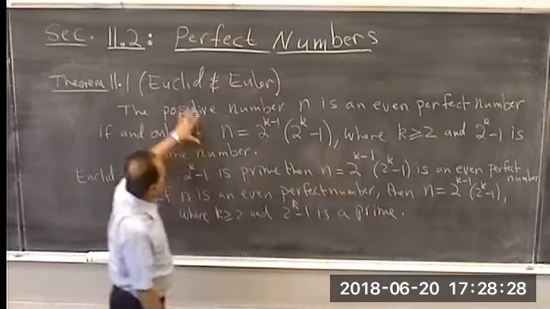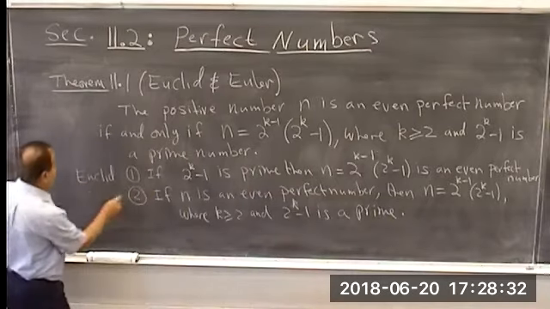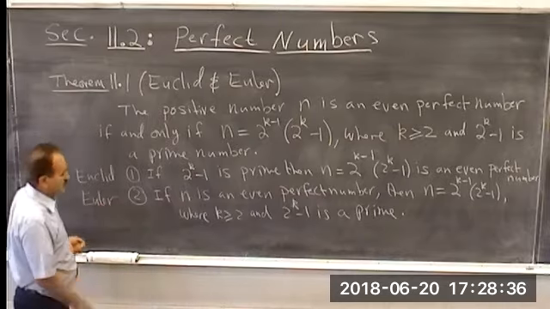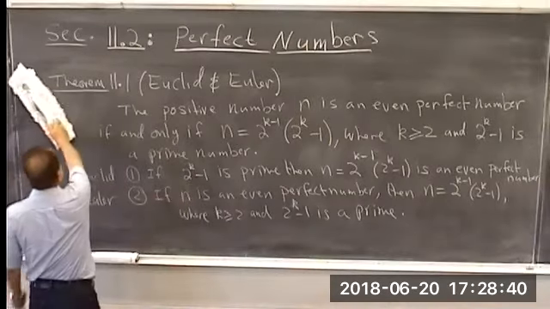Okay, so this is what the theorem says, if you want to split it out like this. And this one was stated and proved by Euler. All right, let's go ahead and do the proof.